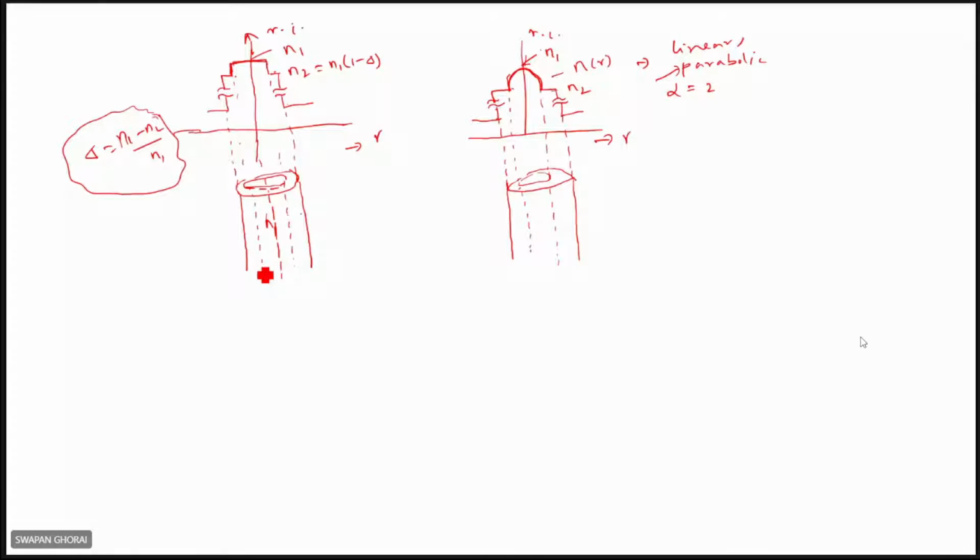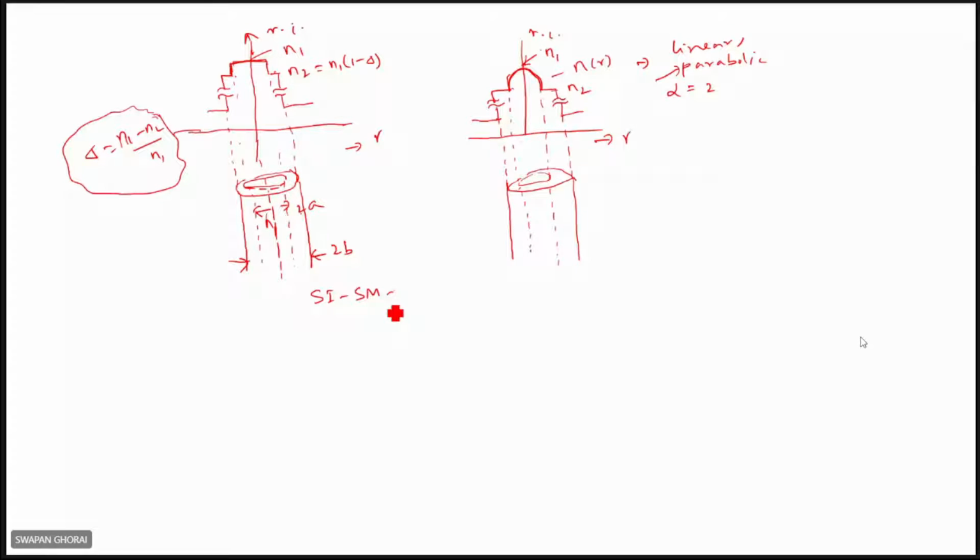Now, if you see the dimensions of SI fibers and GI fibers, it is quite clear now. In case of the SI-SM fiber, the dimension is twice A, the core diameter, and this is 2B, the cladding diameter.